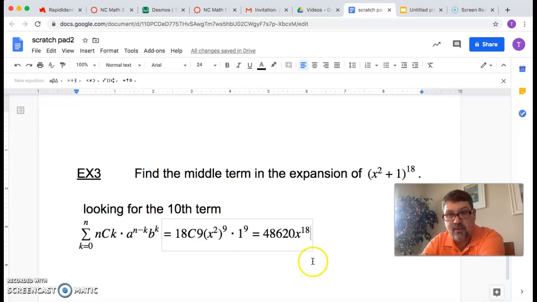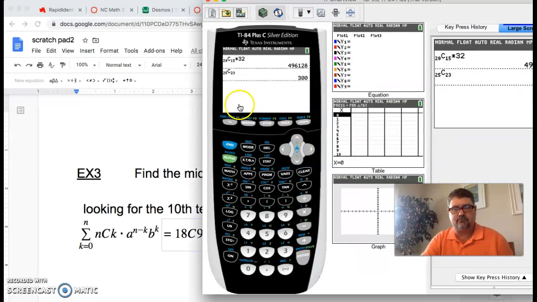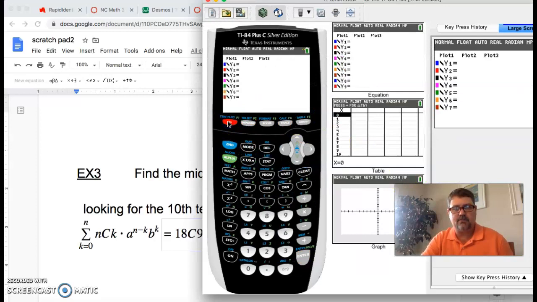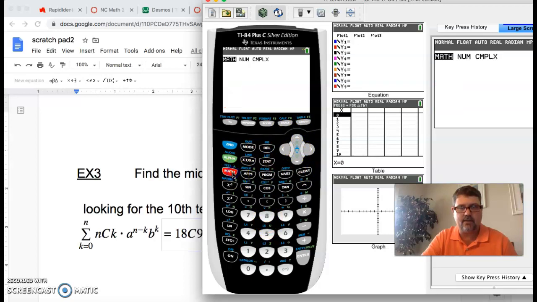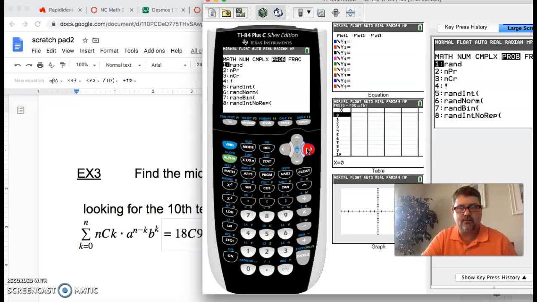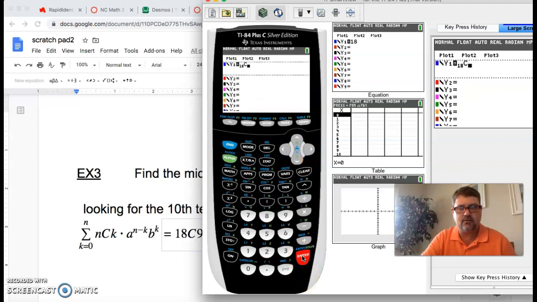All right, so brute force. How could we have found this using brute force? I could have gone to my y equals and put in 18 math, choose x, and then you could go to your table.